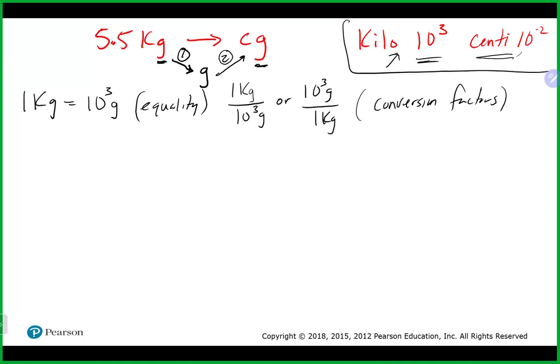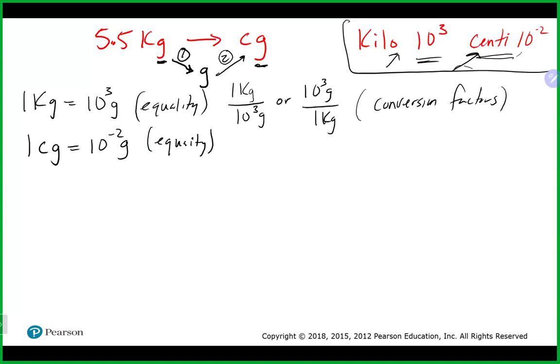While we're at it here, we're going to go from grams to centigrams in the second step. So once again, when I look at that table and I see centi is 10 to the minus 2, that tells me equality-wise in 1 centigram, that is 10 to the minus 2 grams. Again, that's going to be my equality.